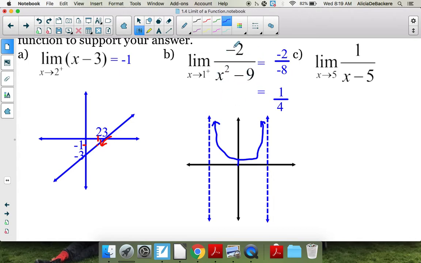This is a reciprocal that then has been flipped vertically. That's why the negative is here, and then stretched by 2. But it still has that same shape of the intersection looking kind of like a parabola-ish shape, the outer sections approaching the vertical asymptote, and then the horizontal asymptote.